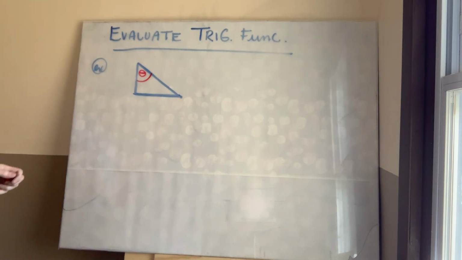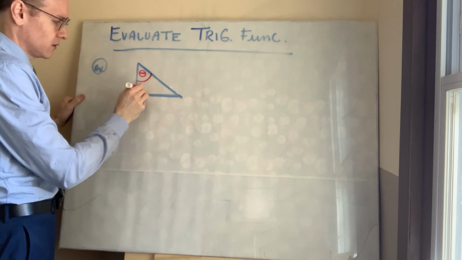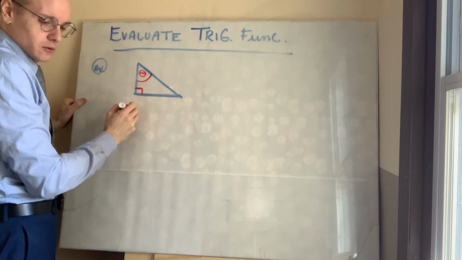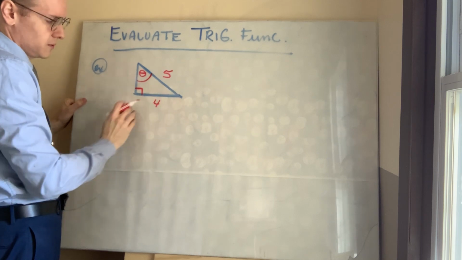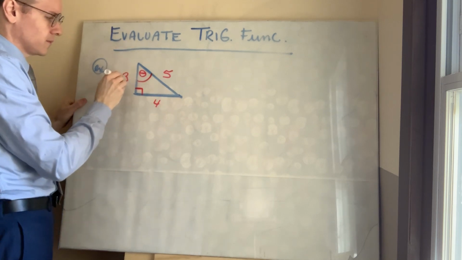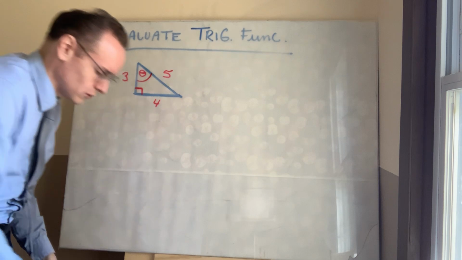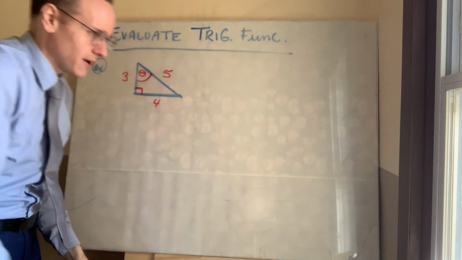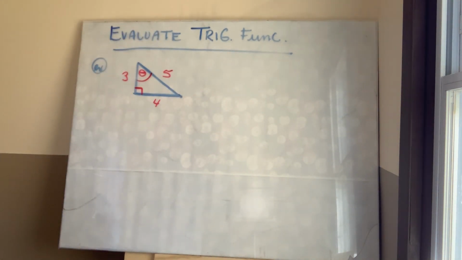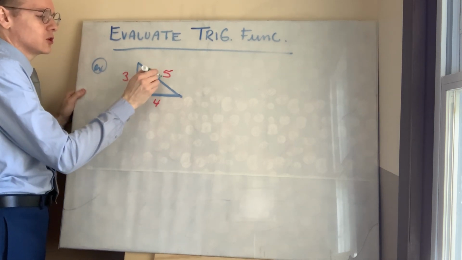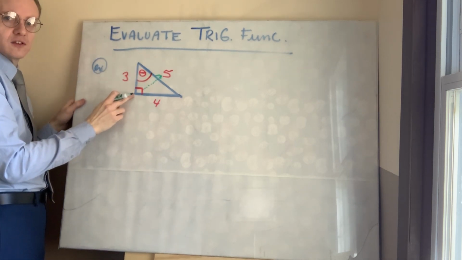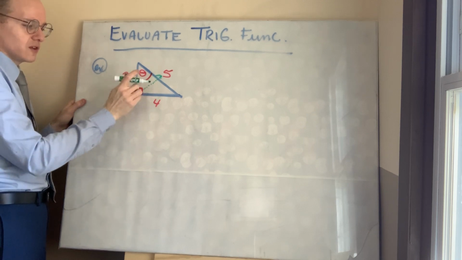And I'll give you these dimensions. Here's the right angle. Here is the 5 dimension here, and a 4 here, and a 3 here. A couple of things you could talk yourself through right off the bat. Which one of these is the hypotenuse? The hypotenuse is always directly across from the box. So I would look for this immediately.